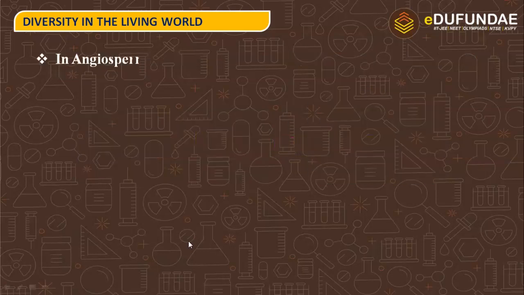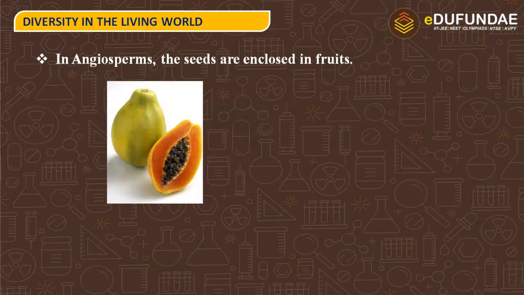In angiosperms, the seeds are enclosed in the fruits. So here is the structure of a fruit, and inside it is the presence of seeds. But initially, in the embryonic stages, the seed was nothing but the ovule, covered by the ovary. Now it is matured, so the ovule has become the seed and the ovary has become the fruit.